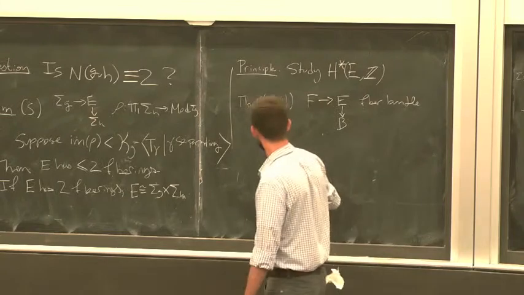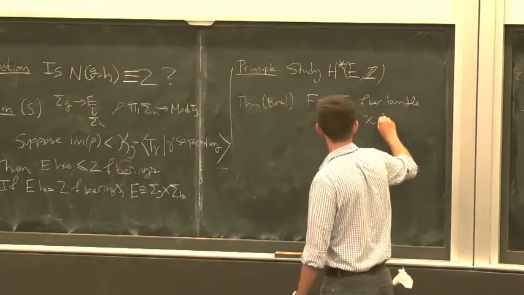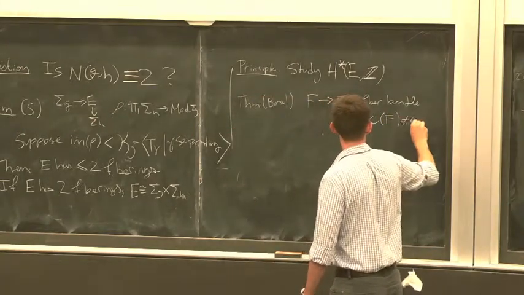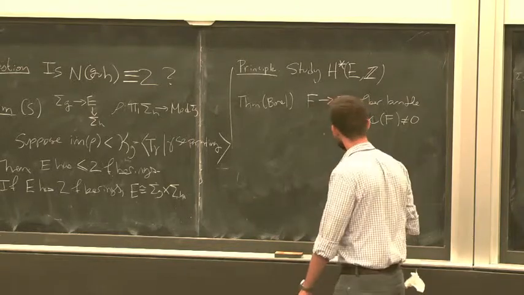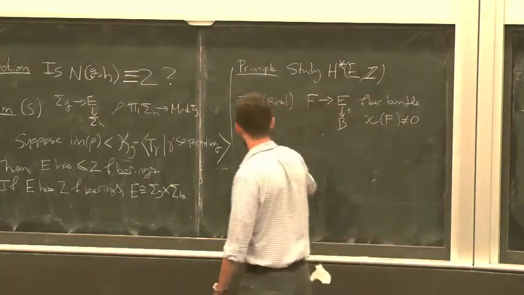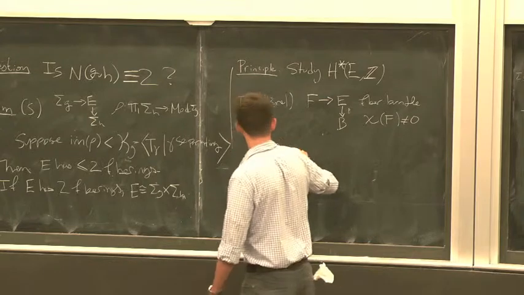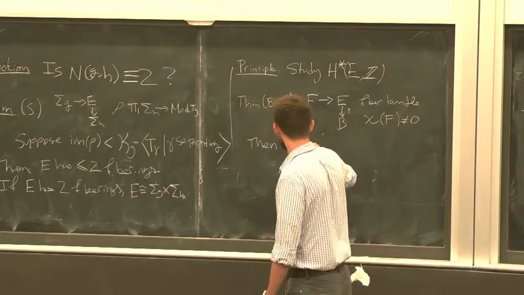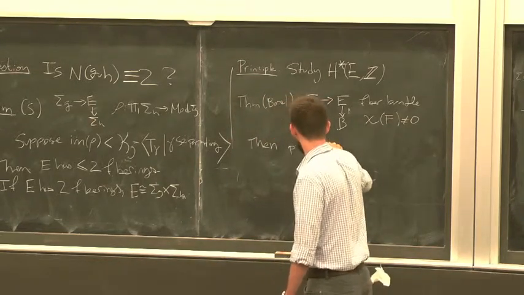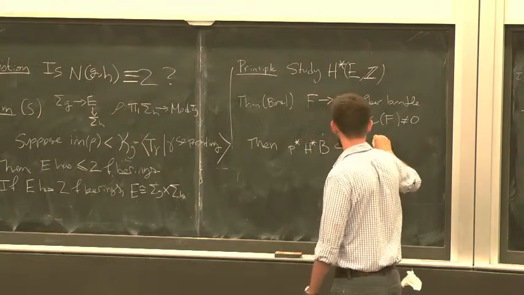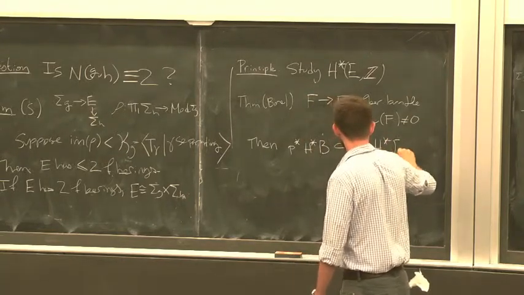The assumption that I want is that the Euler characteristic of the fiber is not equal to 0. So we have the projection map p, and the theorem is that then the pullback of the cohomology of the base space injects into H star of E.